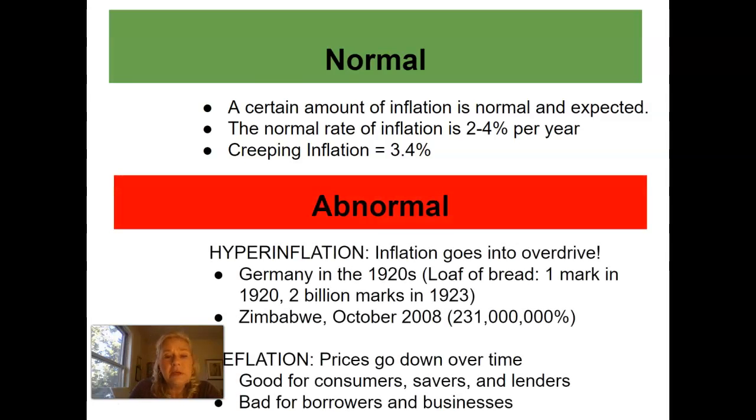Abnormal inflation is something like we saw in Germany after World War I. This is when inflation just goes into overdrive. In fact, what happened in Germany was that after World War I, the Treaty of Versailles put a lot of blame on Germany for World War I, and Germany had war reparations to pay.